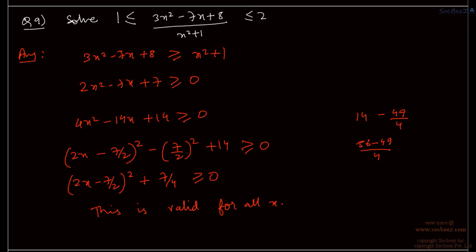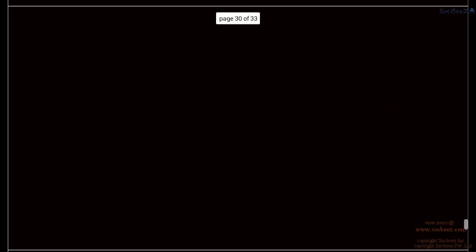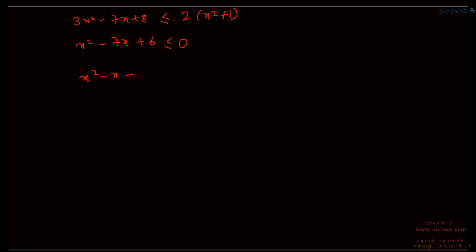So let's look at the next inequality now. That is 3x square minus 7x plus 8 is equal to 2 times x square plus 1. That is x square minus 7x plus 6 is equal to 0. Or x squared minus x minus 6x plus 6 is equal to 0.